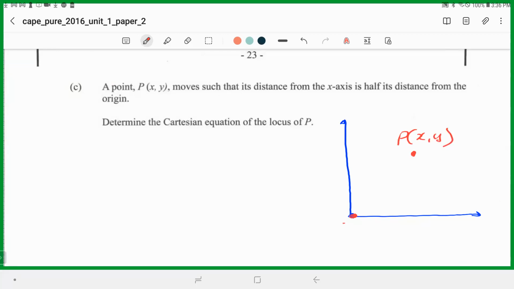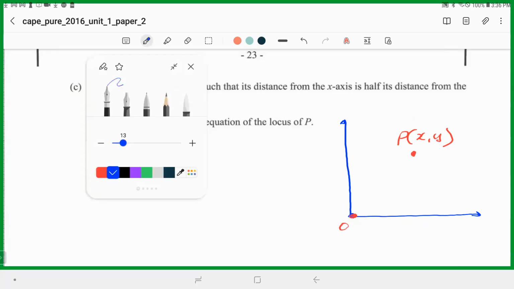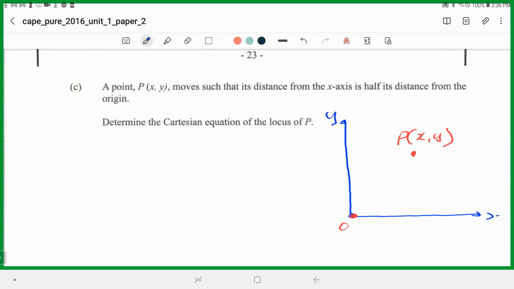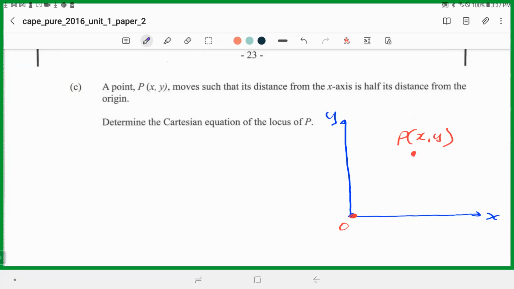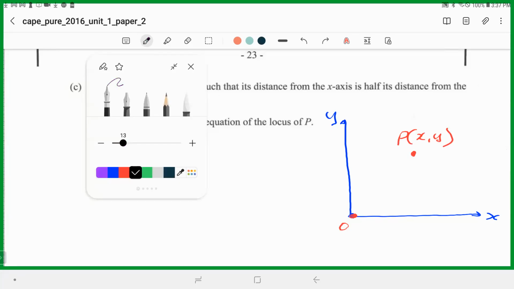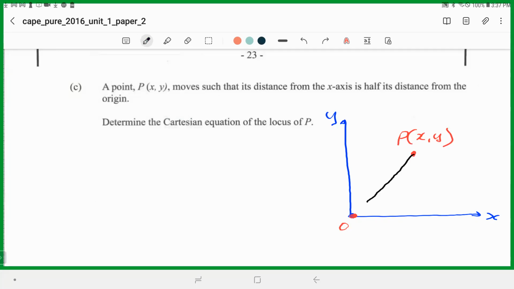Now, this is O, the origin, with the y-axis and x-axis. The question is referencing these two distances: this distance to the origin, and this distance to the x-axis.